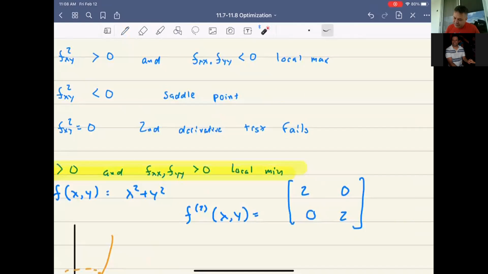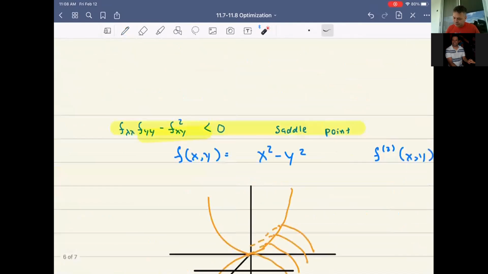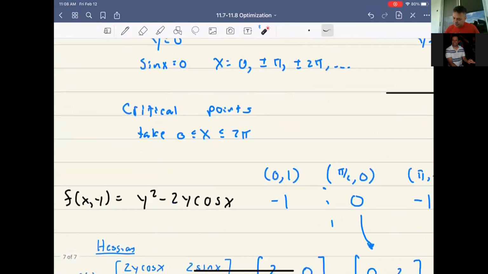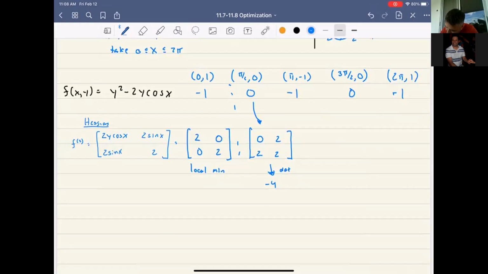If this determinant is negative, you have a saddle point. Okay, and actually, you can do all of these. These are basically going to be the same thing. Here, this is going to be another local min. This is going to be a saddle, another local min.